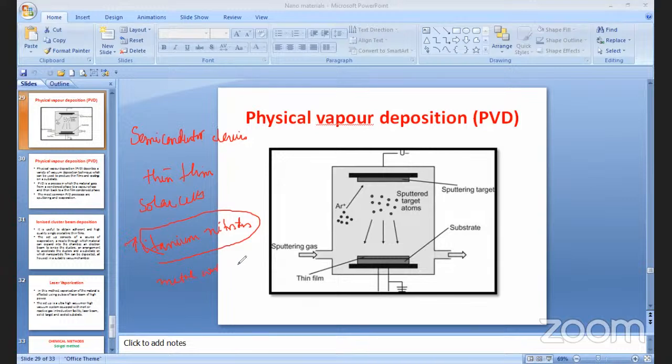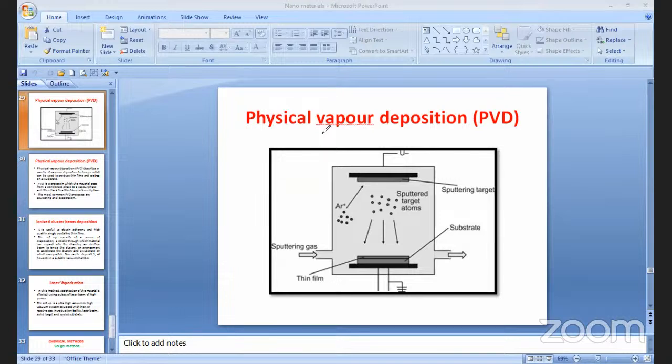That is nothing but the cutting tools or machines which are coated with titanium nitride. They will be very useful in cutting metals, in metal working. So these are some applications which we have by using this physical vapor deposition method.